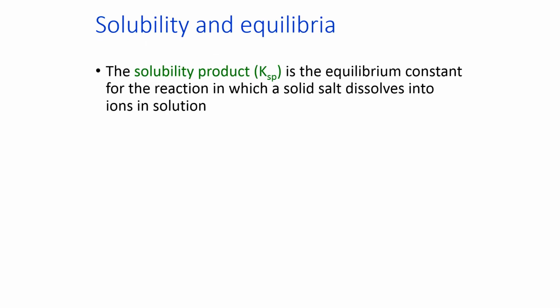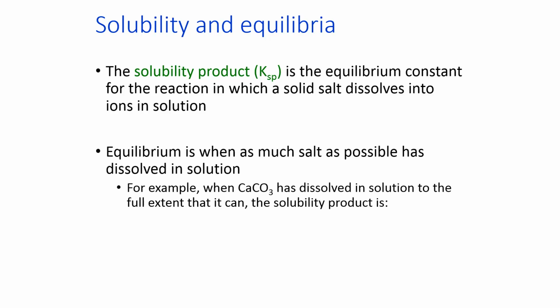Another thing we can do with the equilibrium constant is to calculate a solubility product, which is the equilibrium constant for the specific kind of reaction where a solid dissolves into ions in solution. At equilibrium, in this case, as much solid has dissolved as is capable of dissolving, and then the dissolution just stops. So for example, calcium carbonate dissolving into its ions.